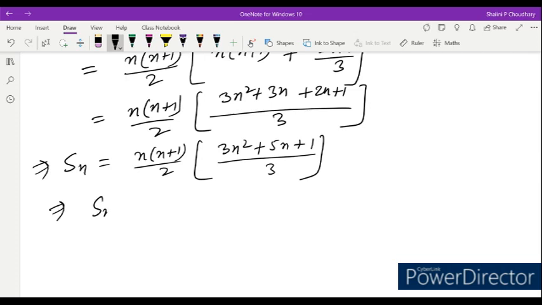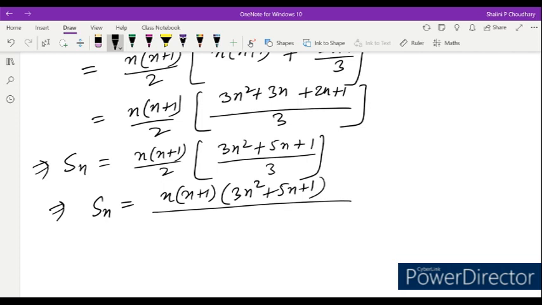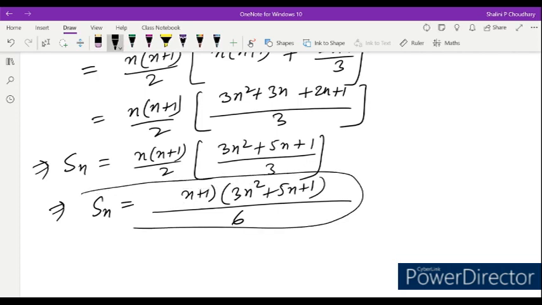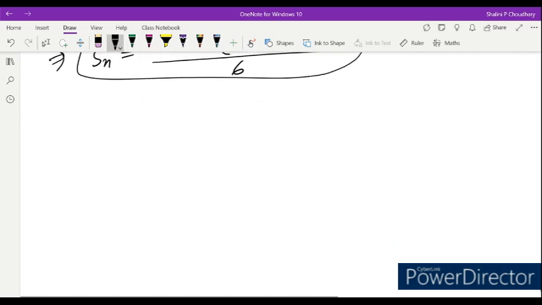So I mean it is already simplified. We can't simplify more, so it will be n into n plus 1 into 3n square plus 5n plus 1 divided by 6. So this will be the value of Sn.